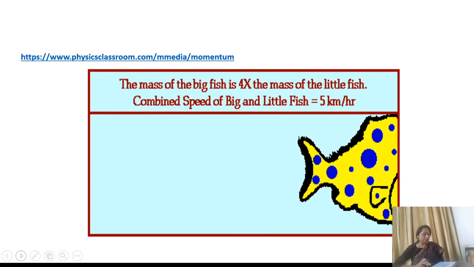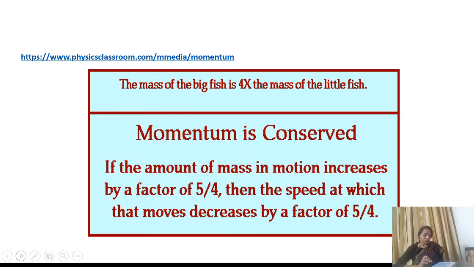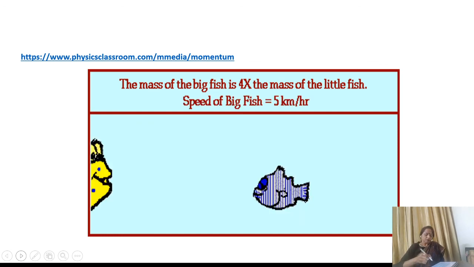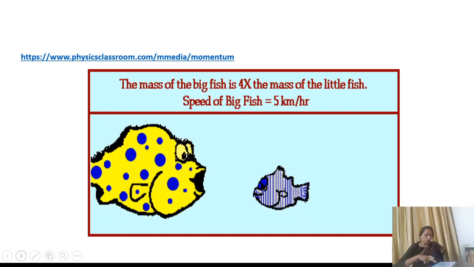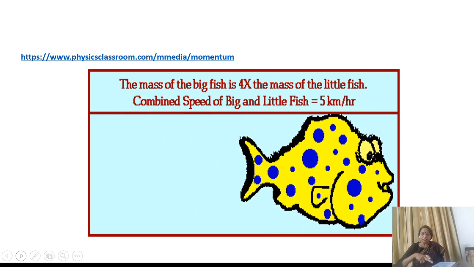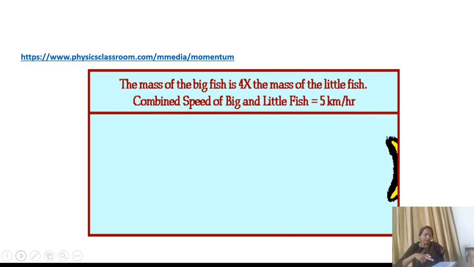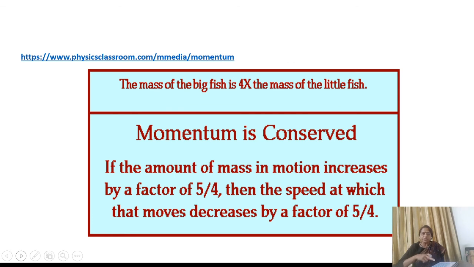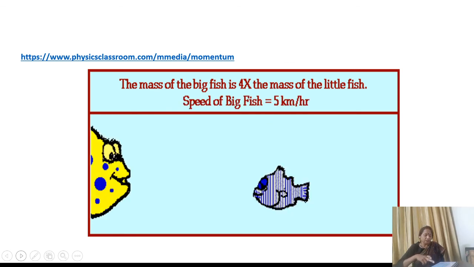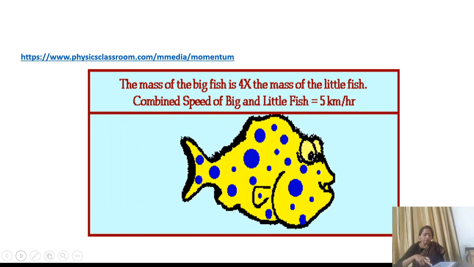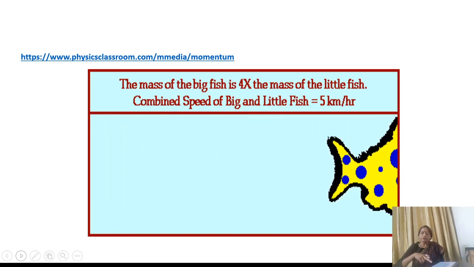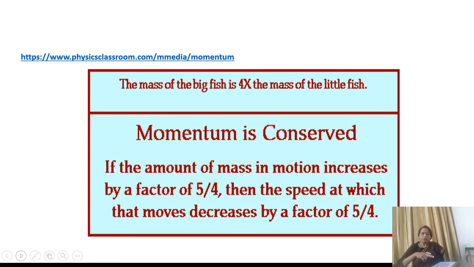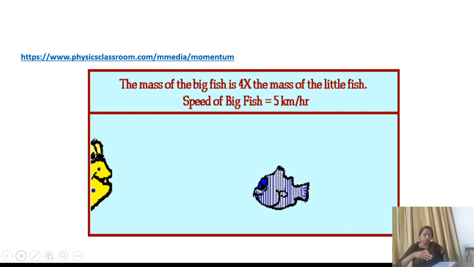Here I have given certain examples in which, in this example, you can see there is a big fish who eats a little fish which is at rest, and by calculating their velocities you can very well judge that momentum will remain conserved, because initially the momentum of the smaller fish was 0, while the momentum of the bigger fish was there because there was the velocity of the two.